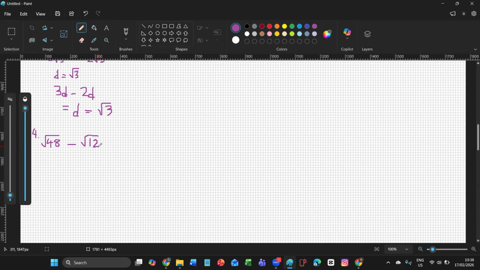So this is where I'm going now. If 48 is 4 times 12 and 12 itself is 4 times 3, then can we say that 48 is 4 times 4 times 3? Can you see where I'm going now? Don't worry.